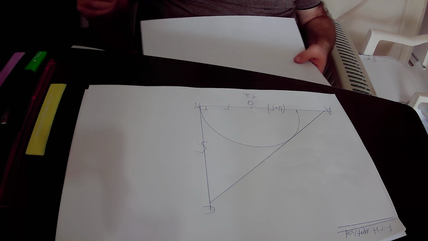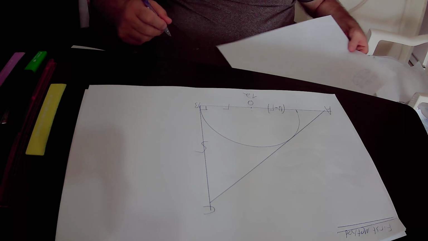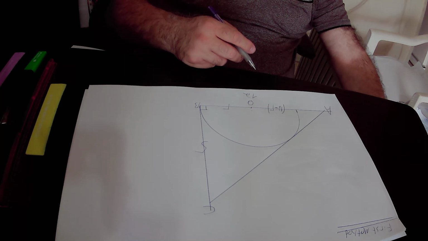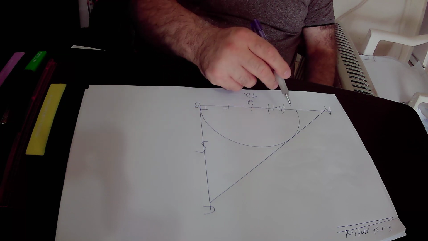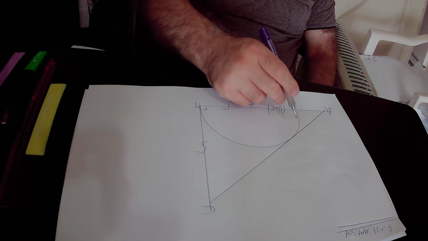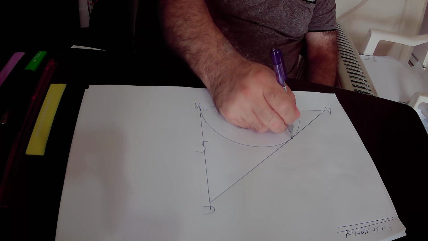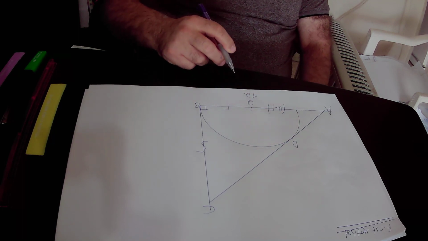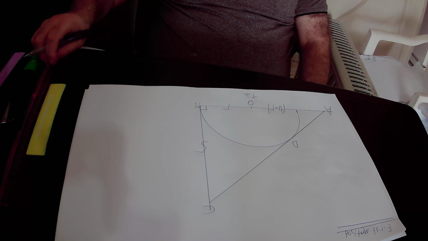And we will define the point of tangency of tangent AC with this semicircle as point D. Then we will join points O and D by a straight line.